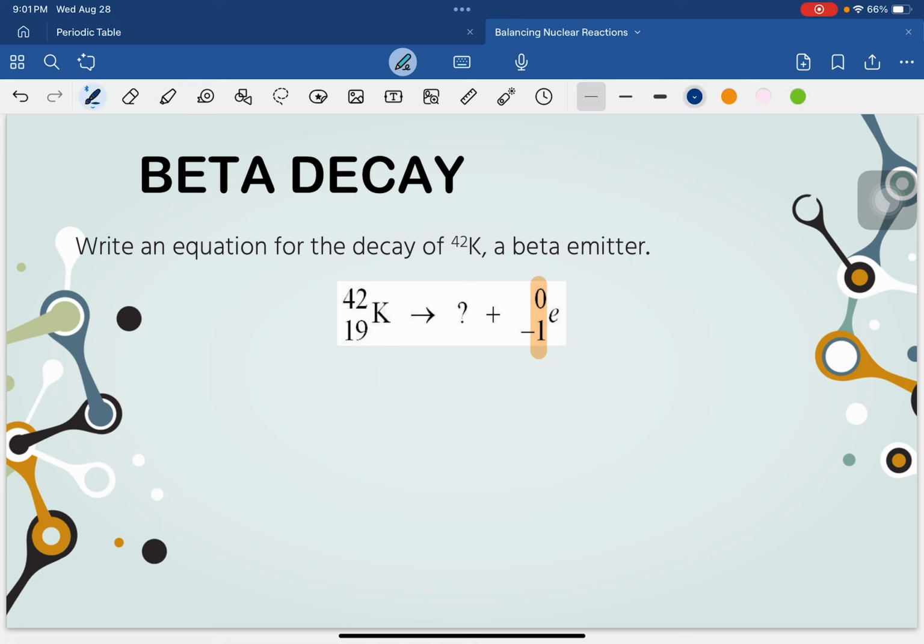So that will be 42 minus 0. That's 42. No change. For the atomic number, we have 19 minus, but that's a negative 1, because that's negative 1 there. It's just really math, like arithmetic. So this is actually 19 plus 1. This is 20.